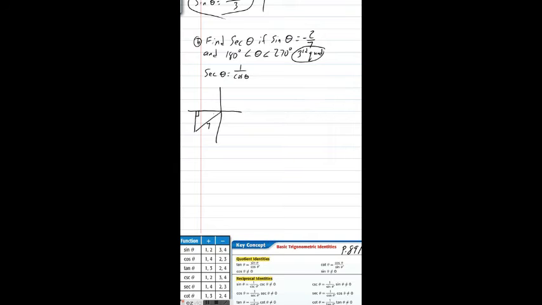We're always referring back to the x-axis. So now this is opposite over hypotenuse, and here's where that negative comes into play. How can I figure out this adjacent side? Well, use the Pythagorean theorem again.